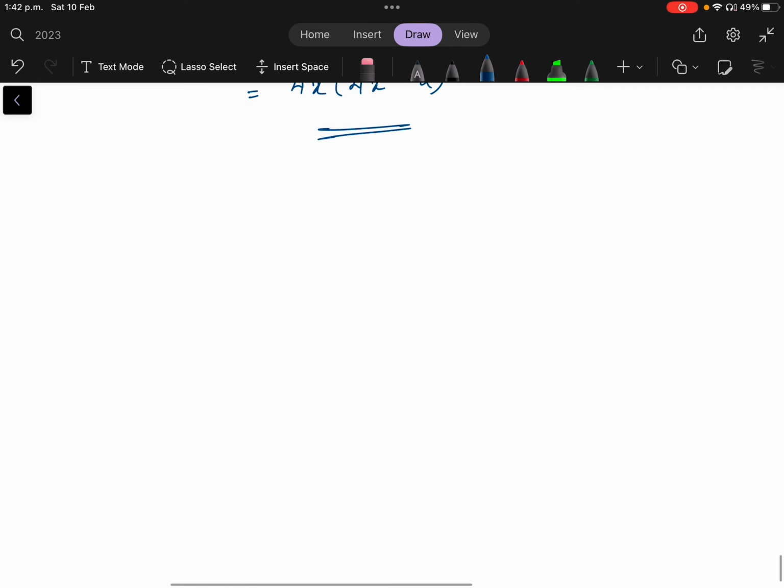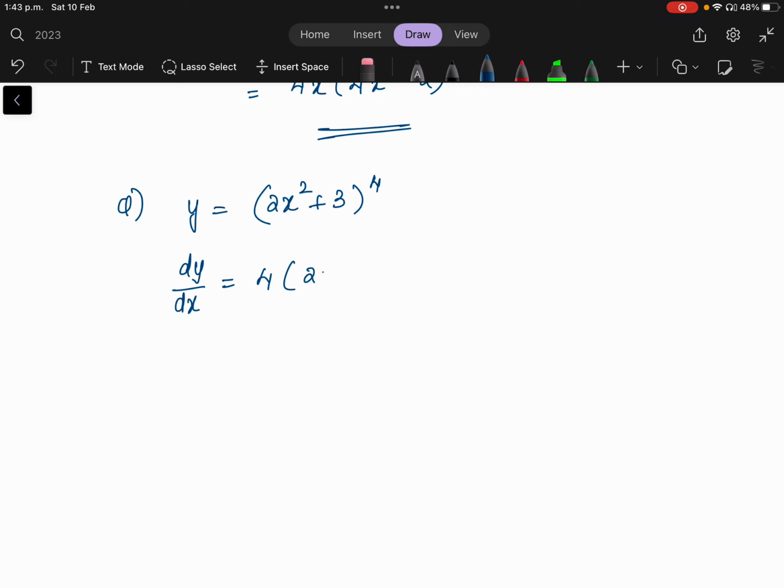Let's do some more questions so that we get practice. y is equal to 2x square plus 3 to the power of 4. dy over dx is equal to 4 times 2x square plus 3 to the power of 3 times, is this x? No, differentiate it again, so it is 4x. Then you have to simplify this: 16x times 2x square plus 3 to the power of 3.